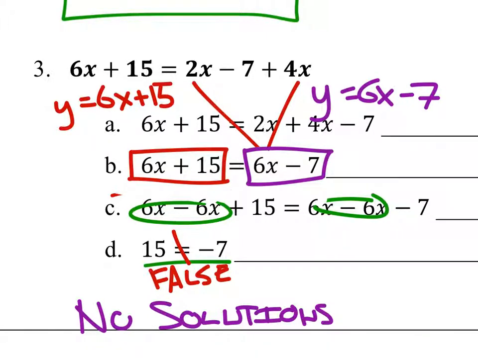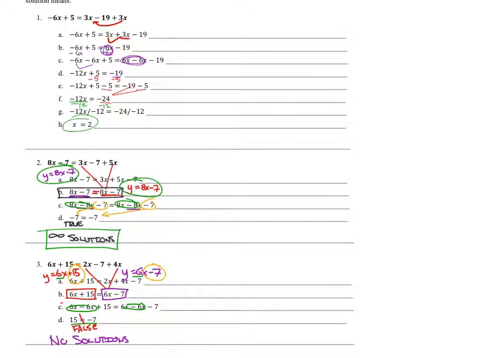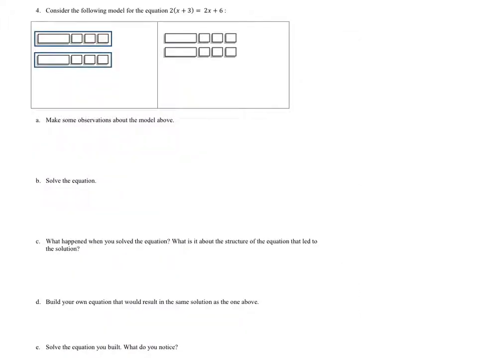Just like the bell work, we have two lines that have the same slope but different y-intercepts. Therefore, they are parallel. They will never touch. No solutions. Number 1, we try to get the x on its own side and make it 1x, and it was x equals 2, so that's one solution. If the variables cancel out, then it can be either infinite solutions or no solutions. It depends. Let's do number 4.